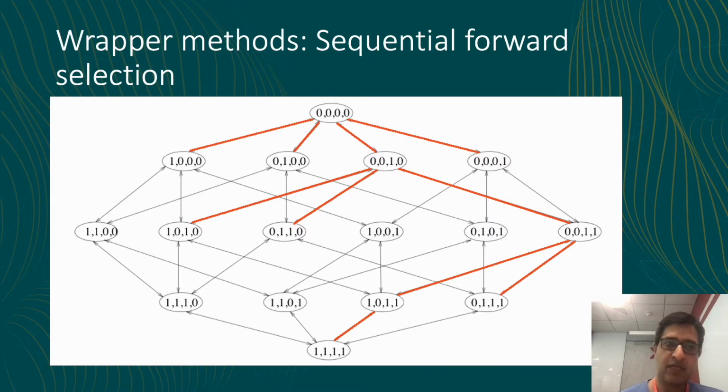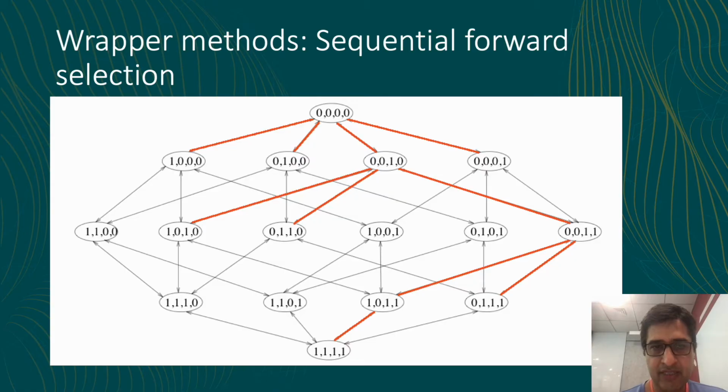If you think about feature selection in terms of a graph where you have 4 features, in this particular case, for a particular feature place, 0 indicates that the feature is not part of the feature set for prediction, and 1 indicates that it is part of the feature set. So essentially you are carrying out a search on this particular graph.